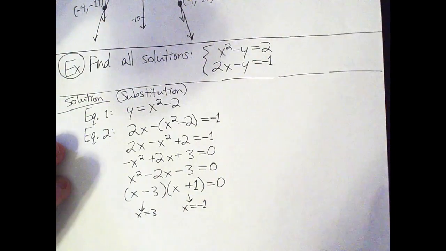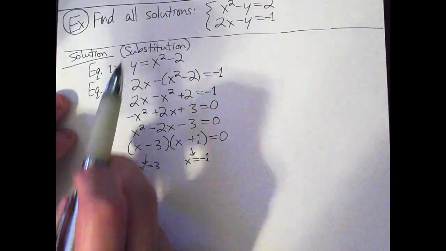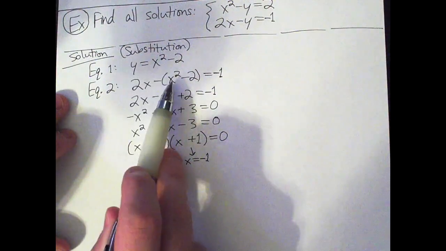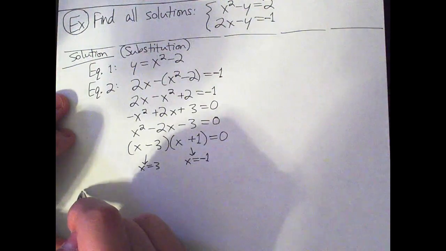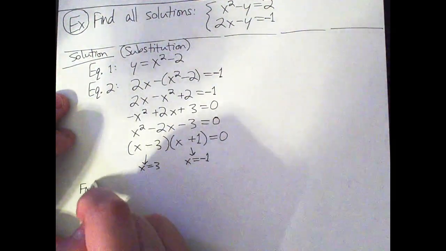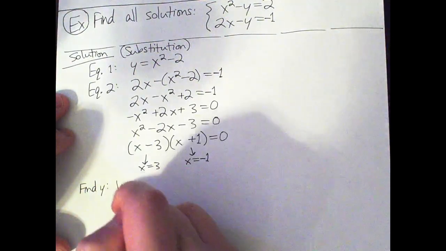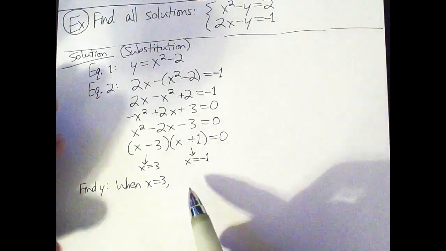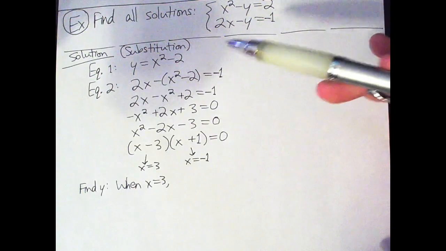So those are the x values of my solutions, but now I need to find the y values. This is substitution, so we substituted this in place of y. We got x's, but now we need to find y, at both of these. So when x equals 3, the best thing to use to find y is what we wrote above.